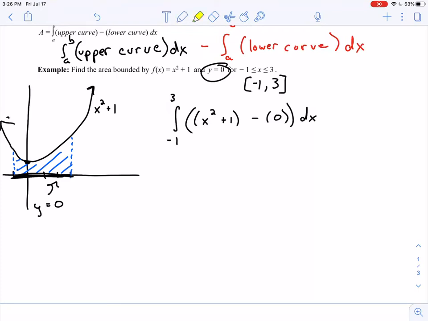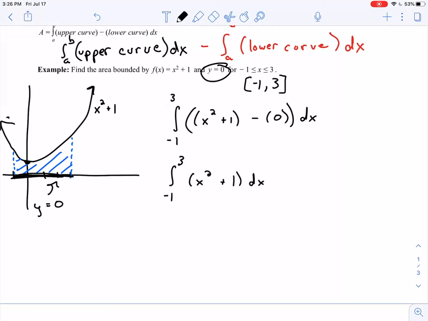So I'm just trying to evaluate this definite integral. First thing you'll want to do is simplify anything, combine like terms, distribute negative signs, things like that. Here we're just subtracting 0, so we can really just drop the 0. We can say the definite integral from negative 1 to 3 of x squared plus 1 dx.